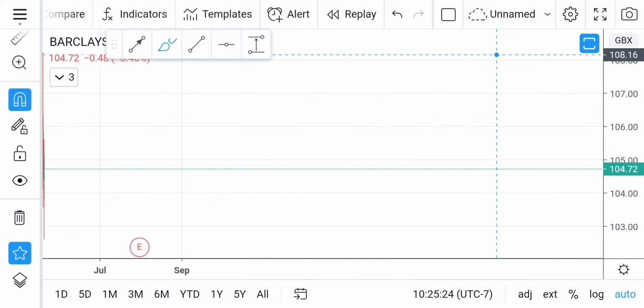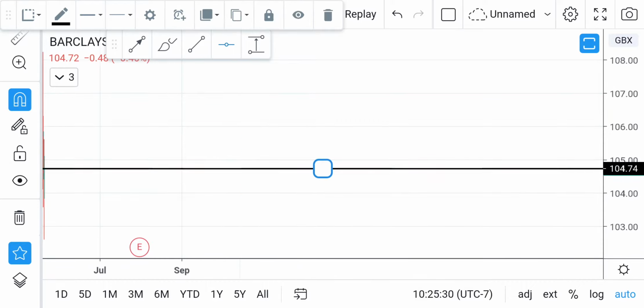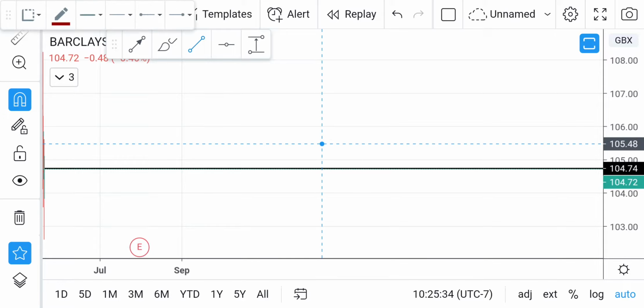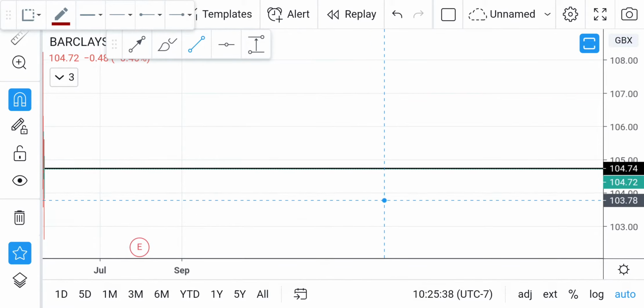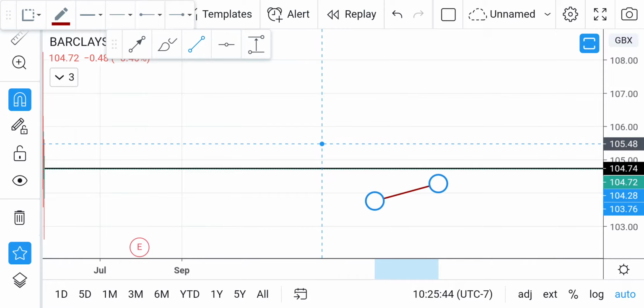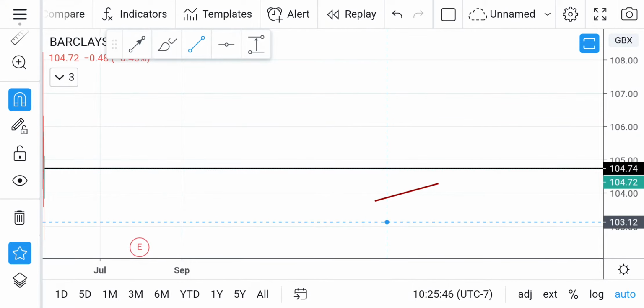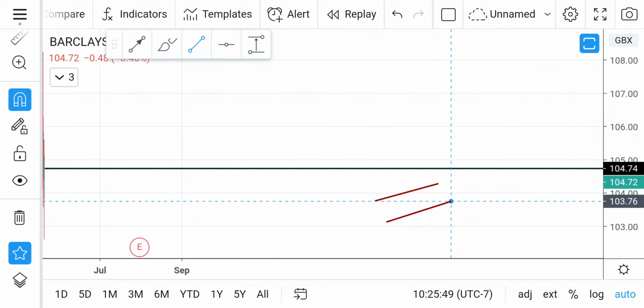The bear flag is just the opposite of the bull flag. Let's say this is your support. For the bear flag you have something like this. You see a bear flag in a downtrend and a bull flag in an uptrend.